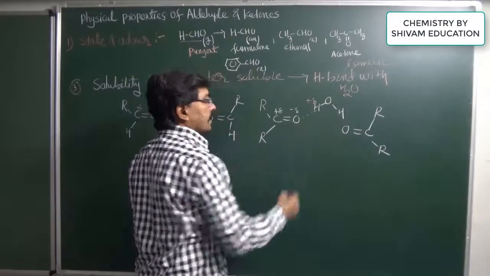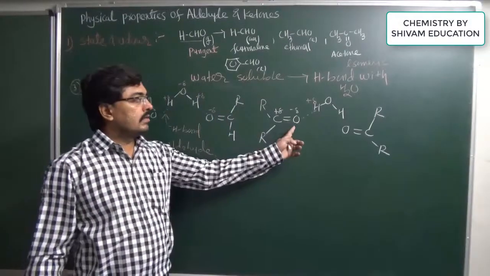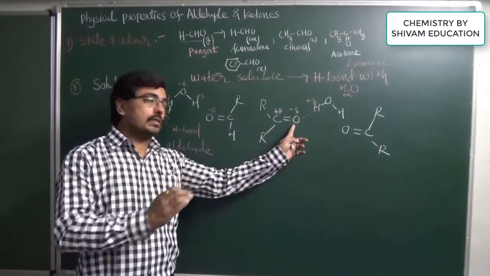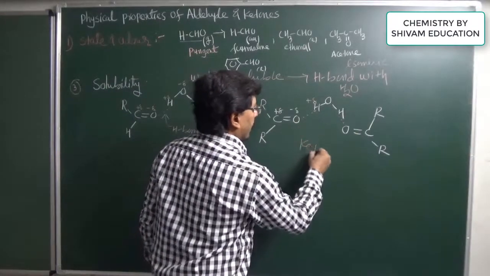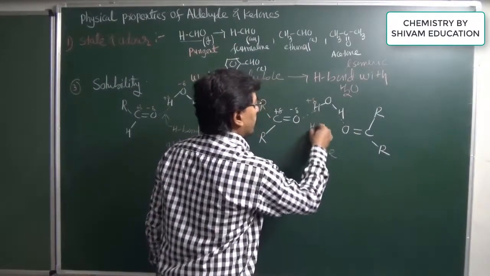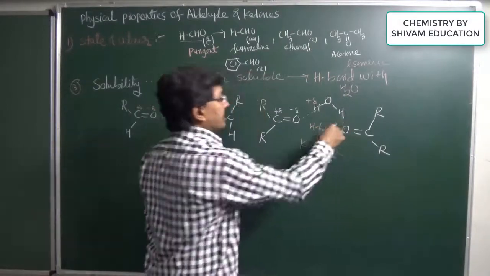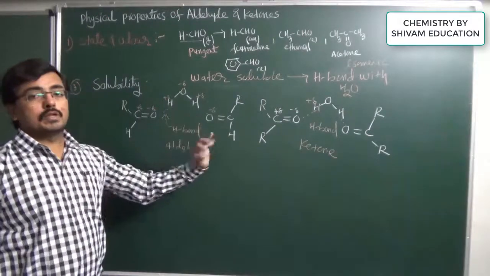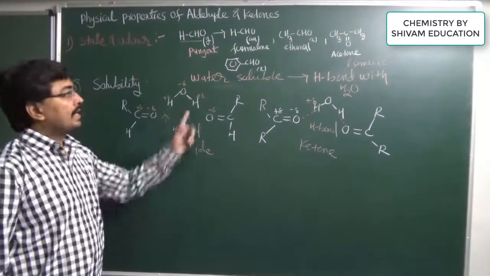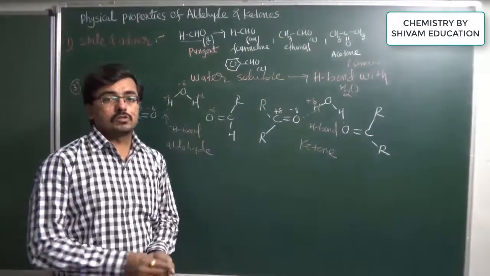This positively charged hydrogen and the electronegative oxygen atom form a hydrogen bond. So in ketone also a hydrogen bond will form. So aldehyde as well as ketone form hydrogen bonds with water molecules, and because of this aldehyde as well as ketone are water soluble.